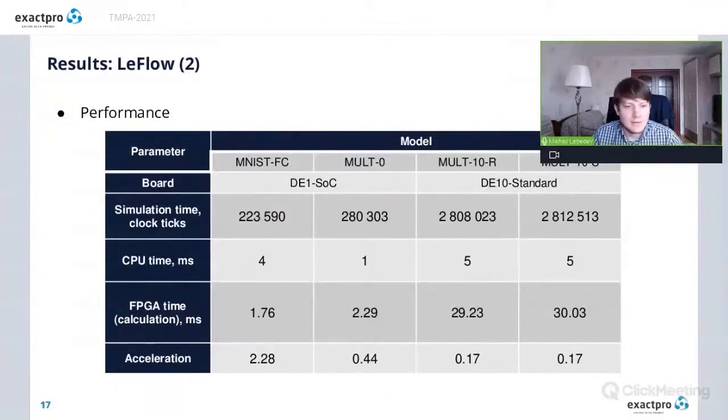Here you can see that the simplest model achieved acceleration, but the other models were significantly slower on FPGA than on CPU. We have calculated the FPGA time using the simulation time and the maximum frequency of the designs.